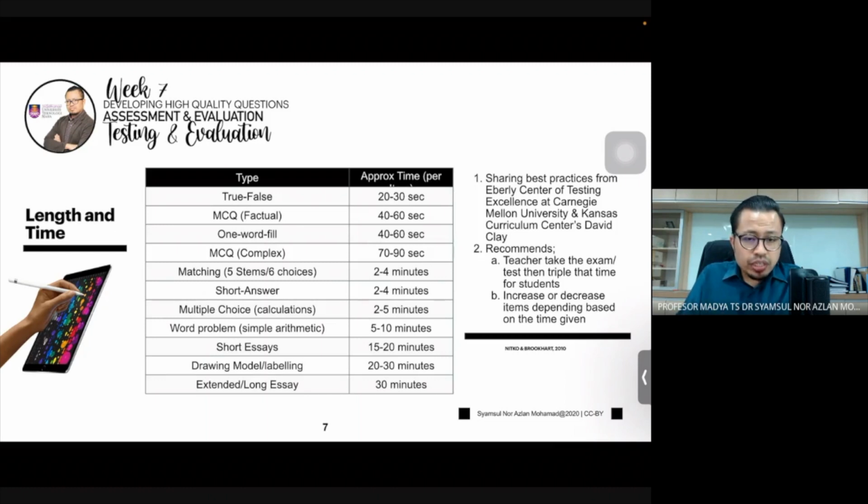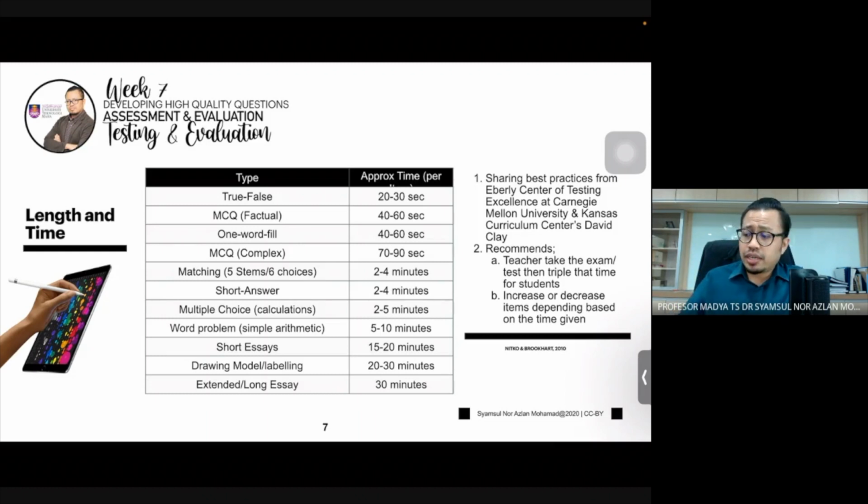We have matching, and the short answer at 2 to 4 minutes, and multiple-choice calculation. There are some subjects, for example mathematics, that have calculation questions, word problems, short essay, drawing, model labeling, and also extended long essay, with times depending on the purpose or the type of writing test.